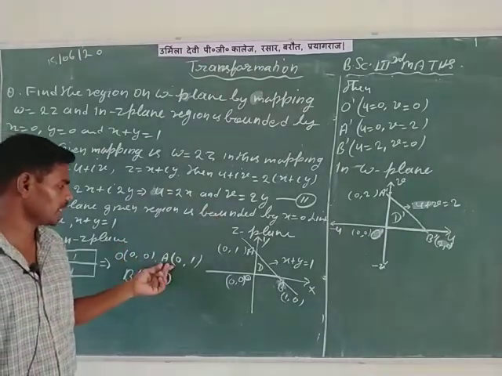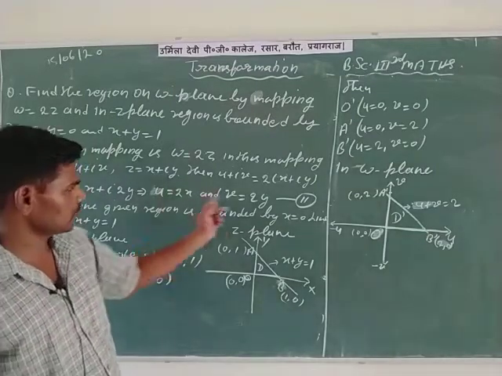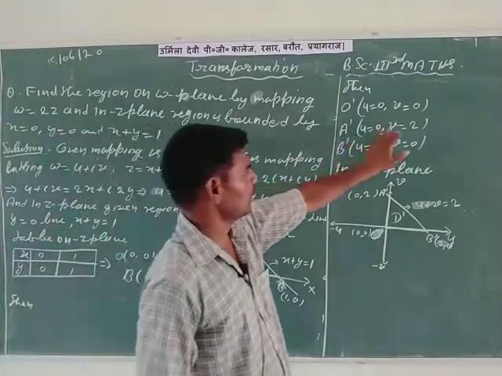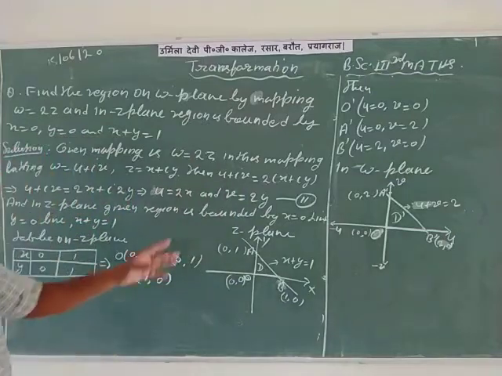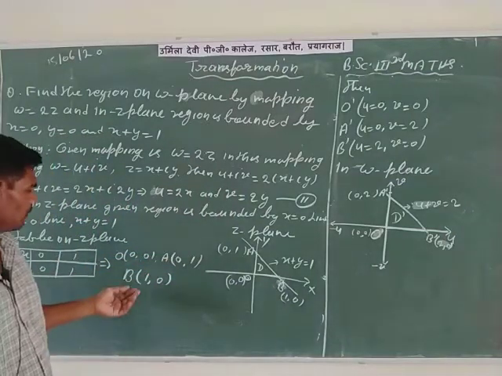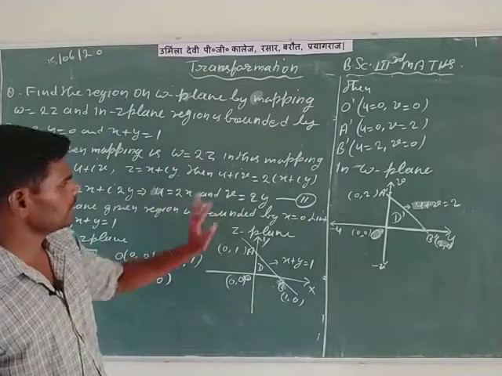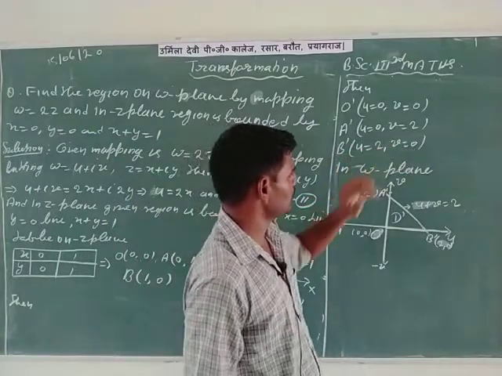For point A, putting x equal to 0 and y equal to 1 in the second equation, so A dash is complete, whose coordinates are 0 and 2. Same for point B dash, the corresponding point on the W plane, putting x equal to 1 and y equal to 0, the coordinates of B dash are 2 and 0.